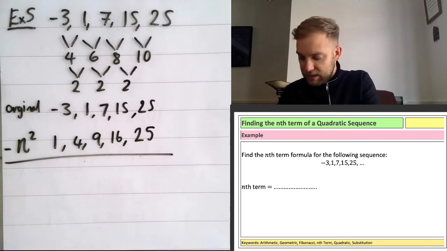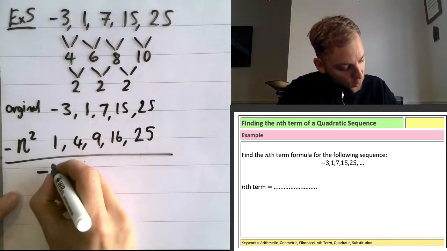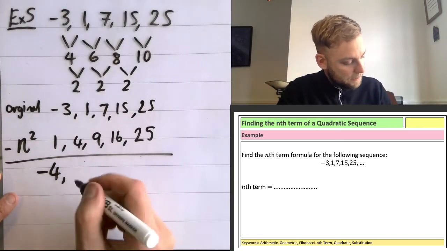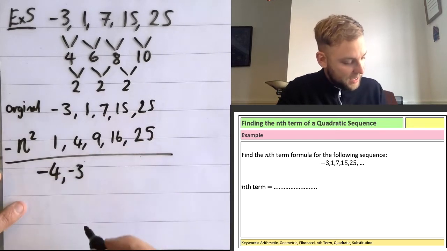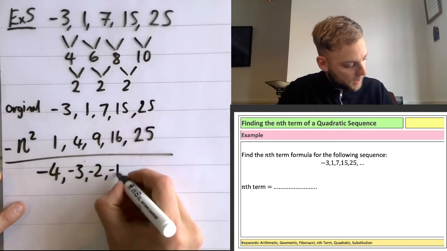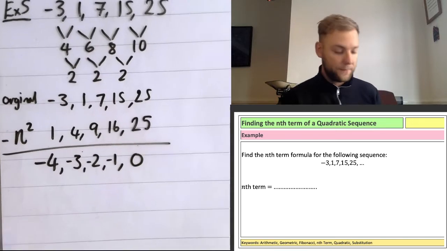Minus 3 take away 1 is minus 4. 1 take away 4 is minus 3. 7 take away 9 is minus 2. 15 take away 16 is minus 1. And 25 take away 25 is 0. So we have got a pattern there.